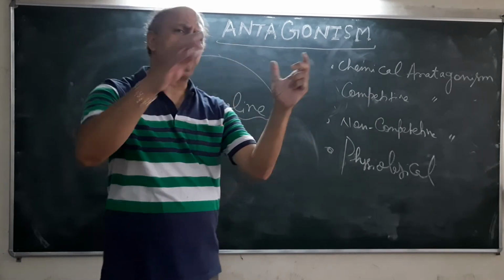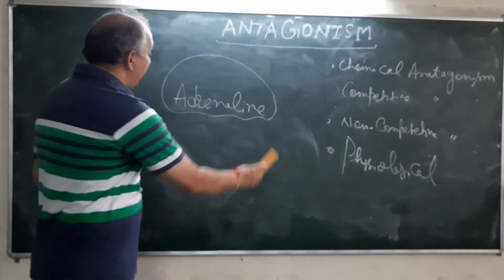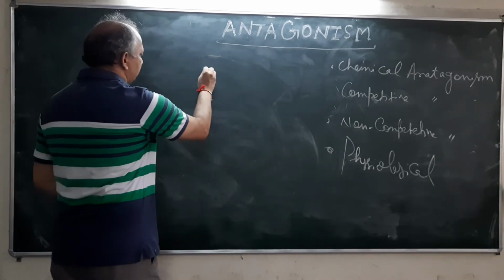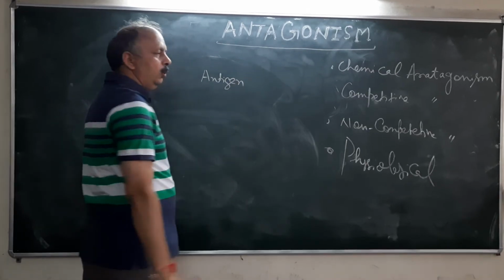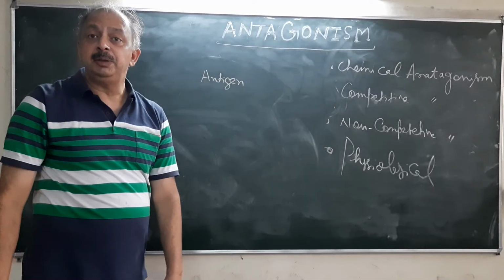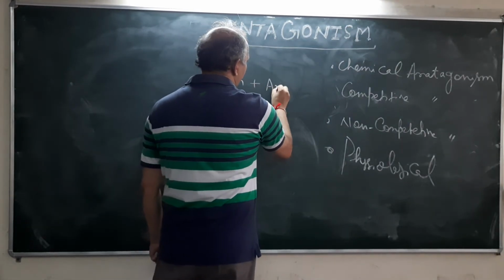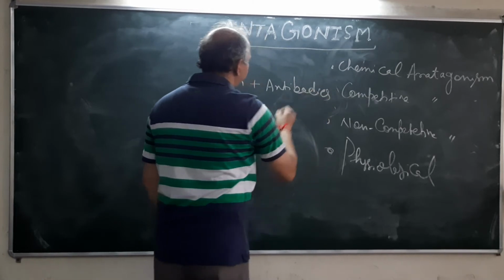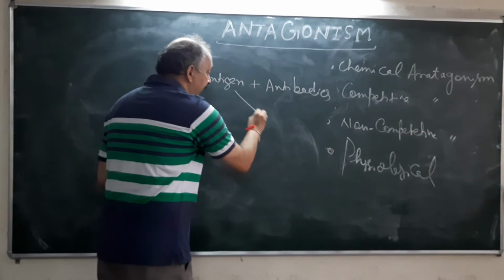Anything from outside, when it goes inside the body, acts as an antigen. So at that time, this antigen will create its antibodies. So this antigen antibody reaction may take place.